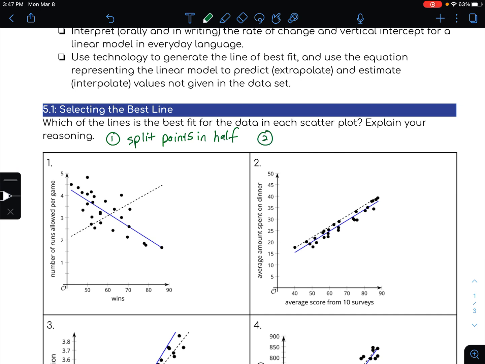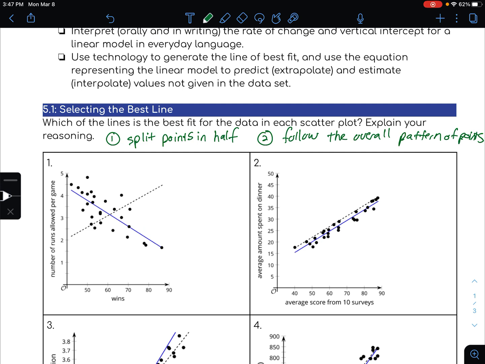But it should also follow the overall pattern of the points. So those are just a couple general rules of thumb for a line of best fit. Does it split the points in half approximately? Does it generally follow the overall pattern of the points?